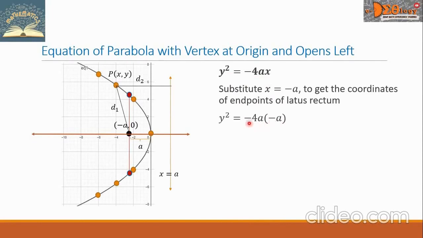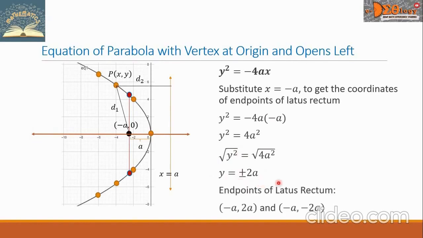This negative times negative becomes positive, and a times a is now a squared. So we have now y squared equals positive 4a squared. Let us take the square root of both sides. So we have the square root of y squared equals the square root of 4a squared. On the left side, this radical sign and the power 2 can cancel each other. So we have now y equals plus or minus 2a.